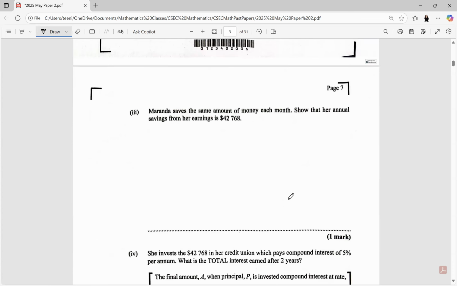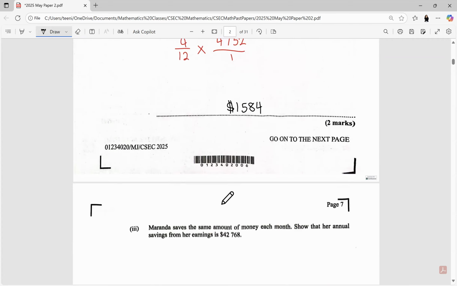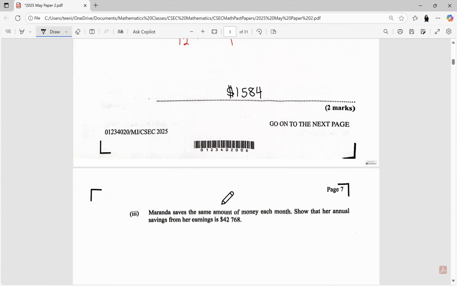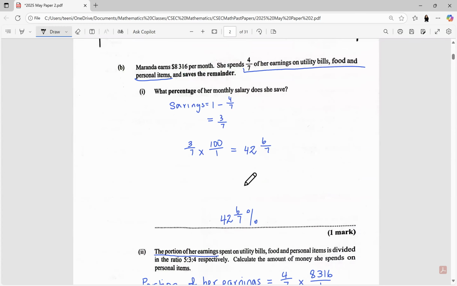Now let's look at this part. It says Miranda saves the same amount of money each month. Show that her annual savings from her earnings is 42,768. So we need to go back up and see if we know the fraction of the money saved each month, right? So let's go back up. Look at here.